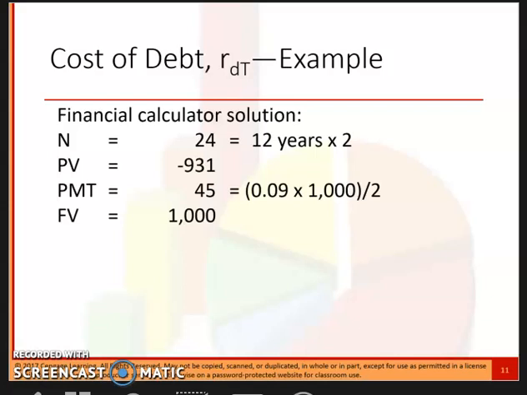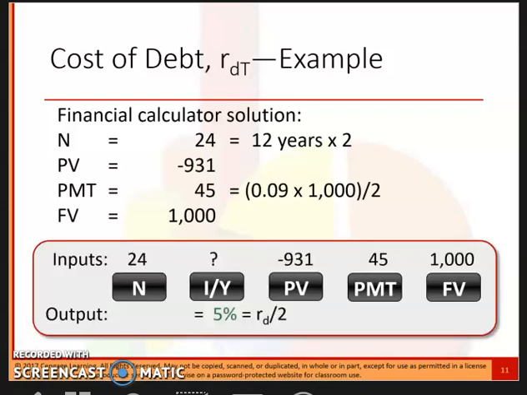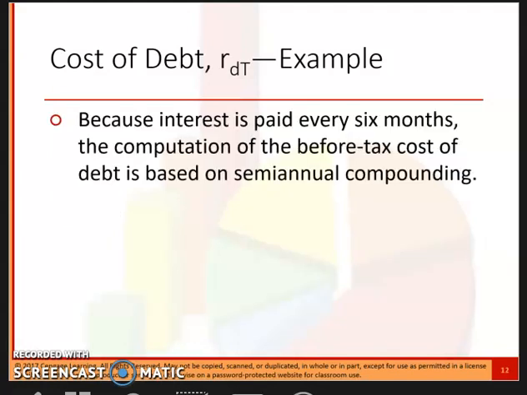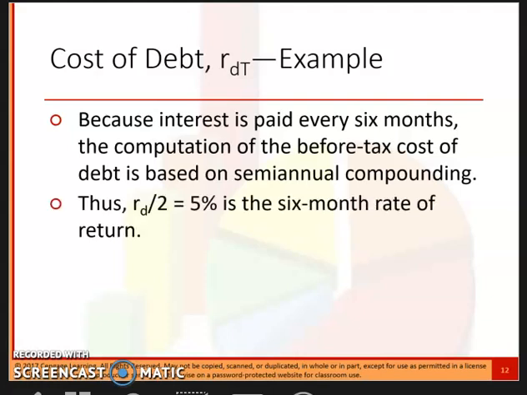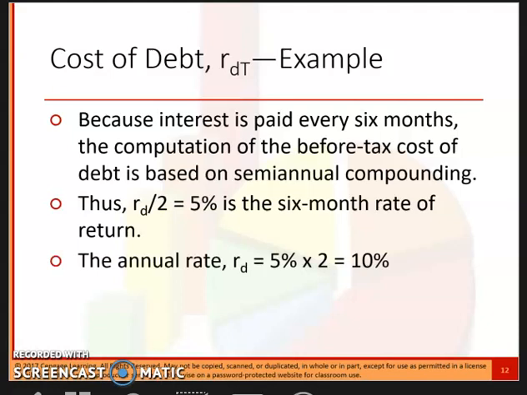We enter those and compute I/Y. That's 5%, which is a semi-annual rate. Because it's a semi-annual calculation, we have to multiply by 2 to get the annual yield on that bond.